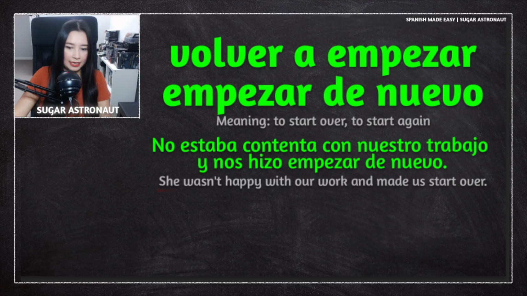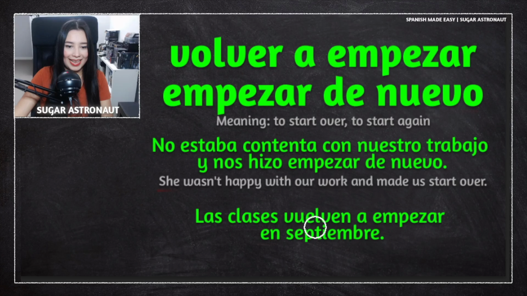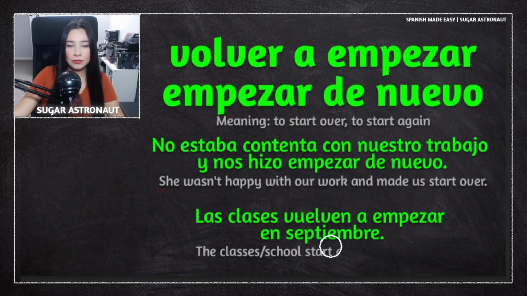Okay, let's look at the next example. Las clases vuelven a empezar en septiembre. Las clases vuelven a empezar en septiembre. This means the classes or school start again in September. If you're saying school, obviously the school starts again in September.